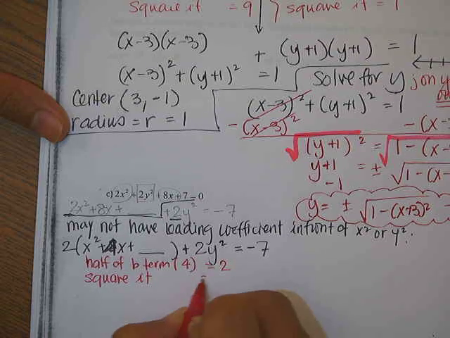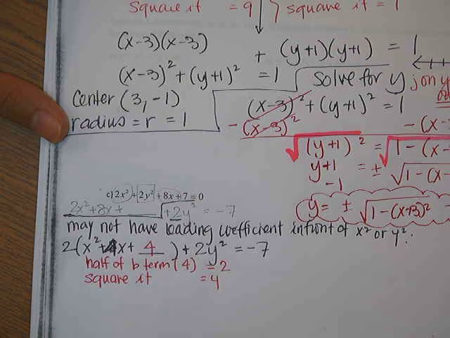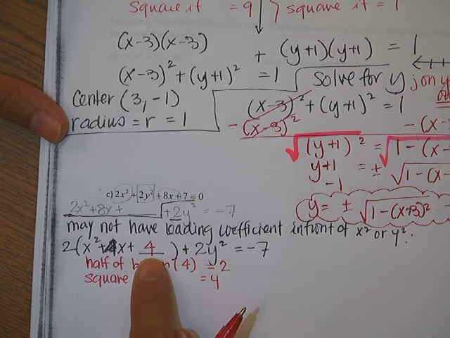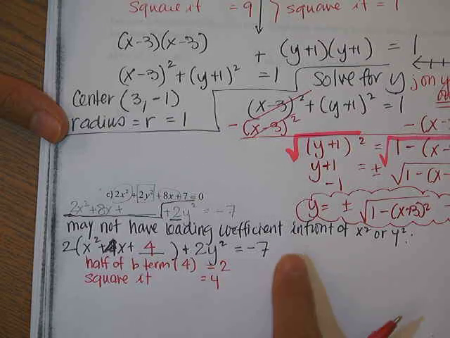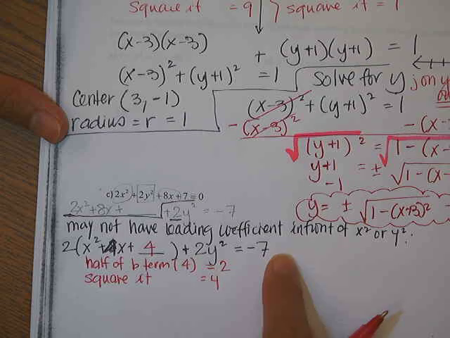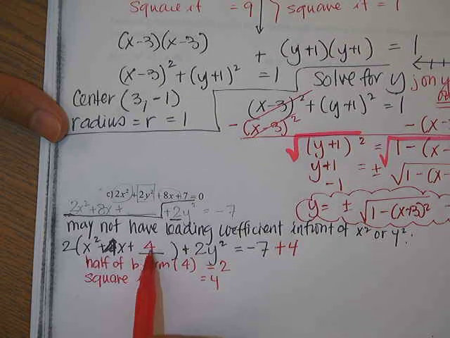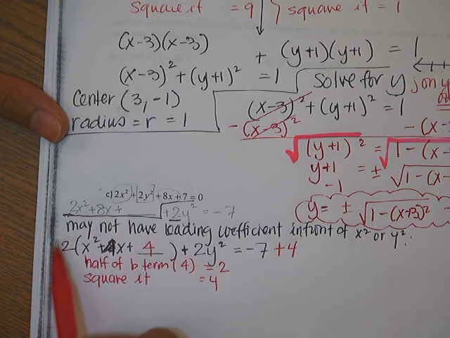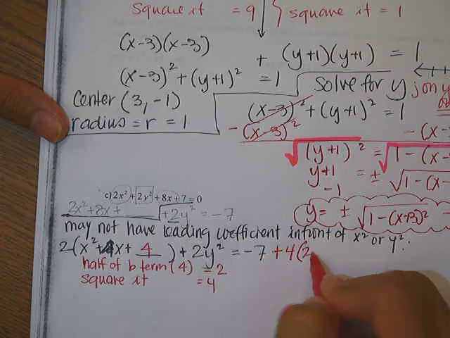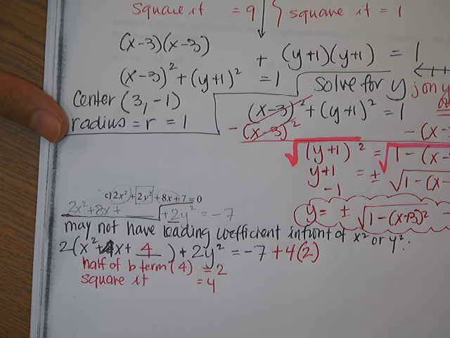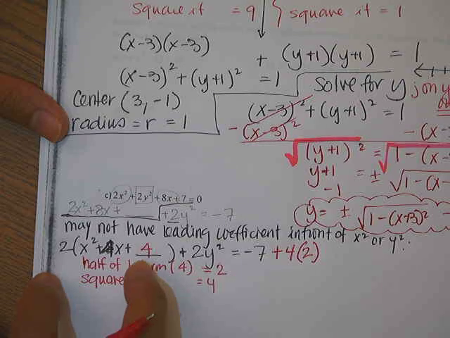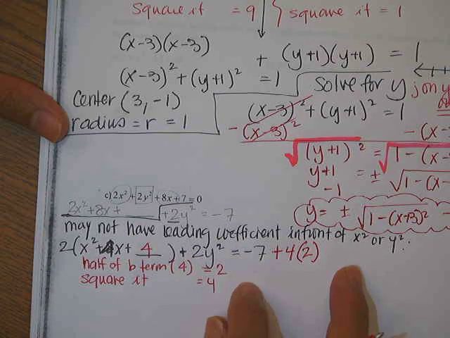So 2 squared equals 4. I'm going to add it here. I've added a 4 on the left, which means I need to add a 4 on the right. But check this out. This 4 is being multiplied by a 2 in the front, so this 4 also needs to be multiplied by a 2 on the right. Whatever you do on one side needs to be identical on the other.